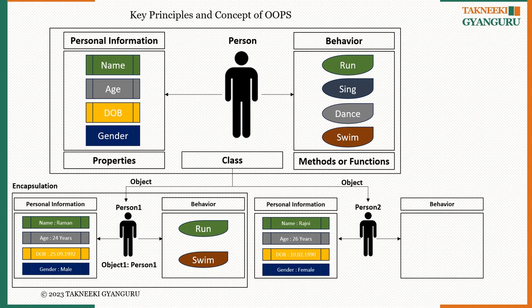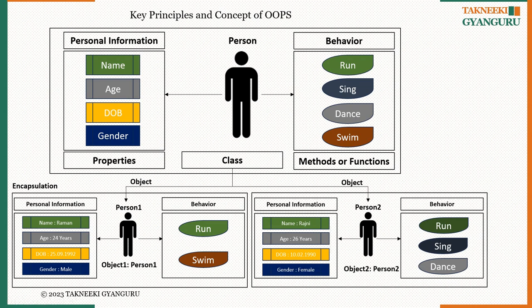This is the information we provide, the values we have given, and the behavior is she can run, she can sing, she can dance, but she can't even swim, as it can't be accessed because of the encapsulated method from the class for this object, right?